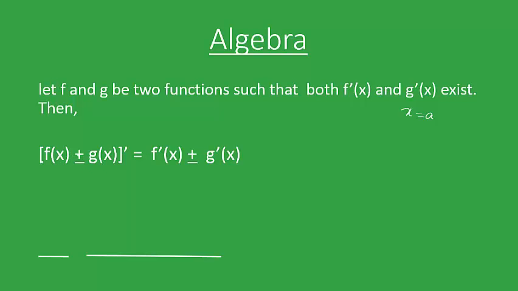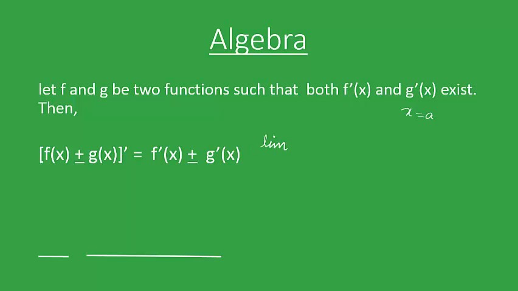Or for the subtraction case, we'll have the same thing, that f(x) minus g(x) the whole dash is equal to f dash x minus g dash x. To prove this, let's work this out through the first principle. So let's write down the definition of the expression written in the LHS.